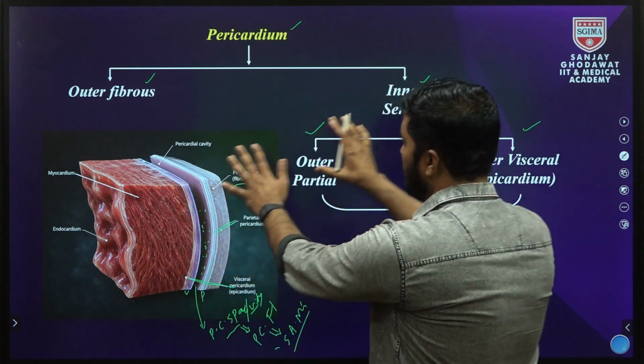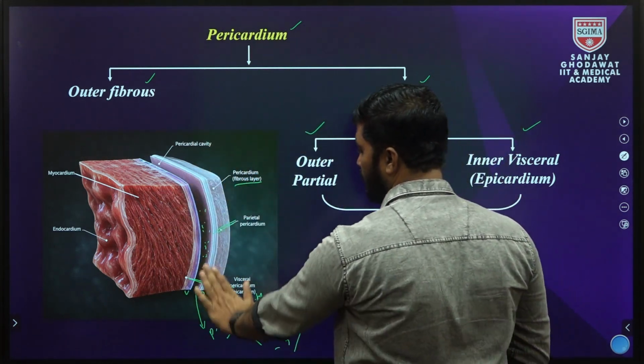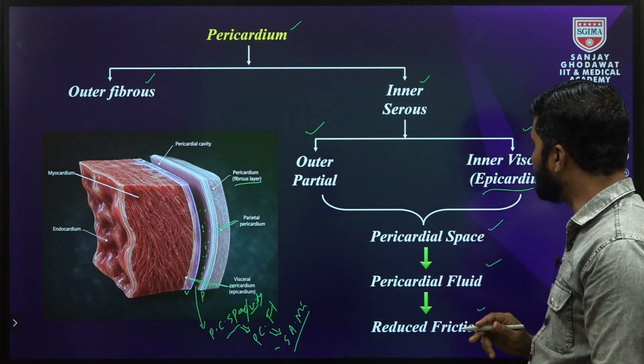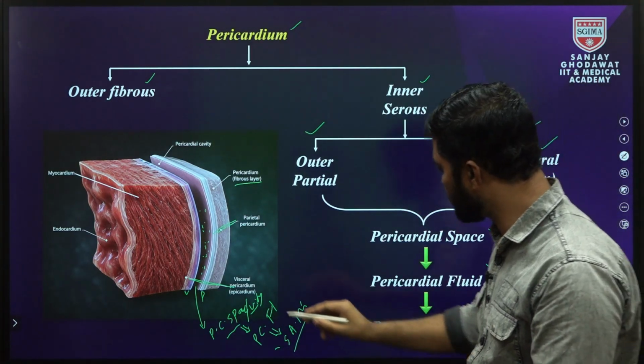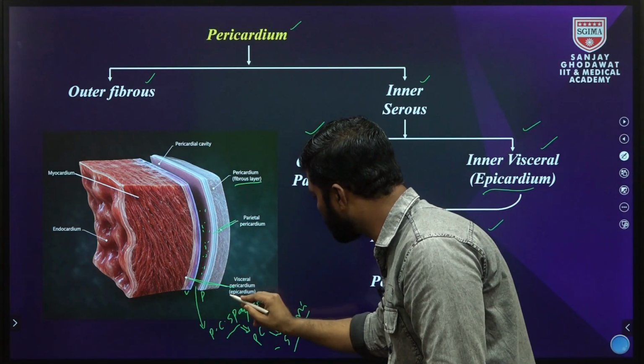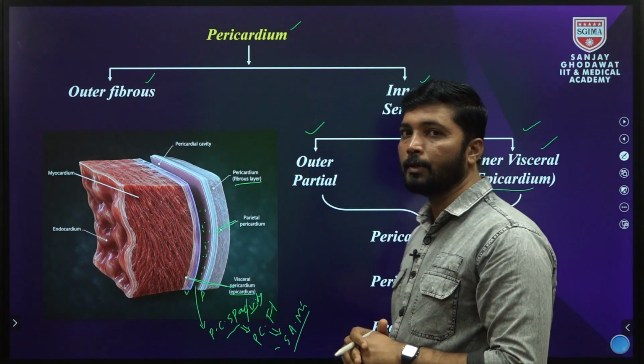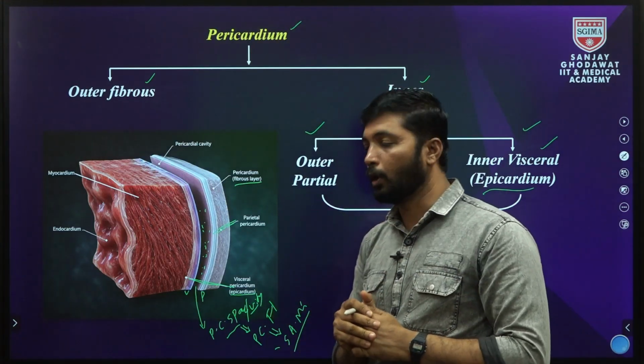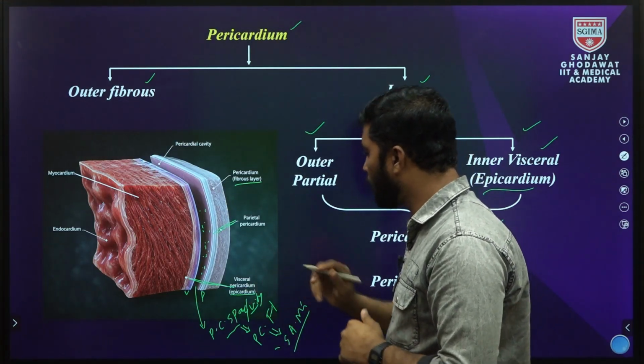This is the pericardium. The inner visceral layer is also called the epicardium, which is the outermost layer of the heart wall.